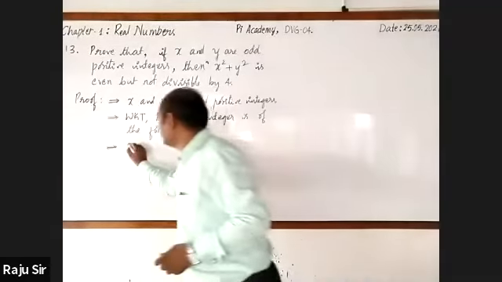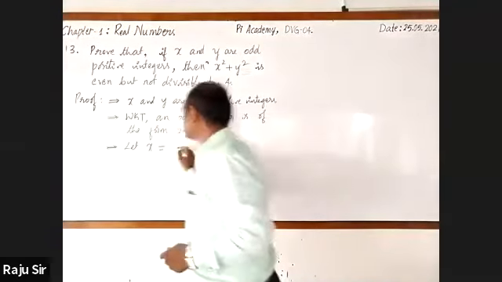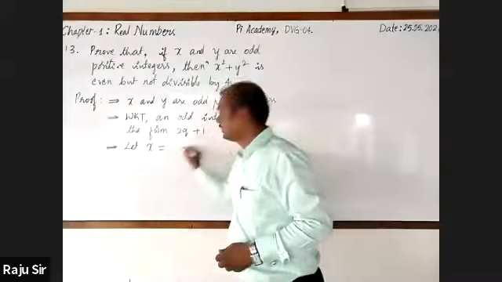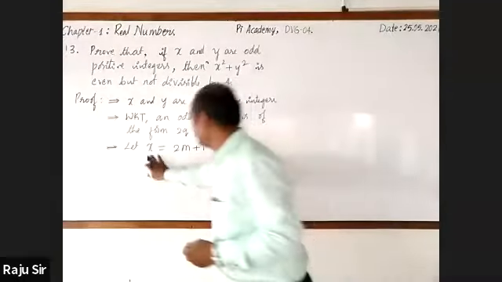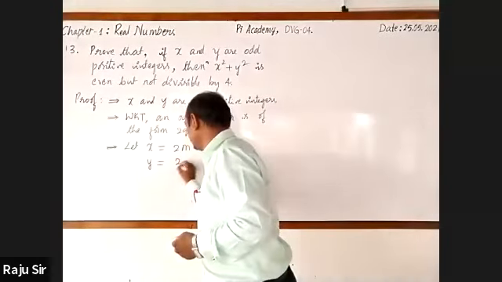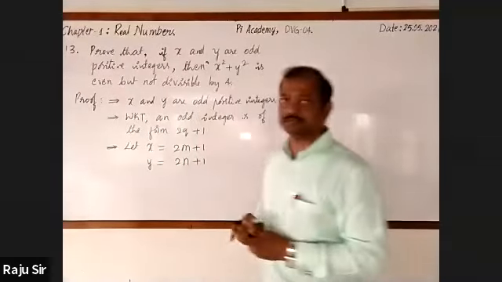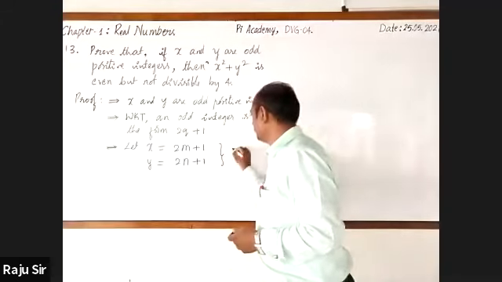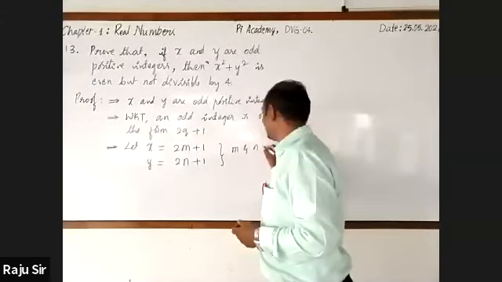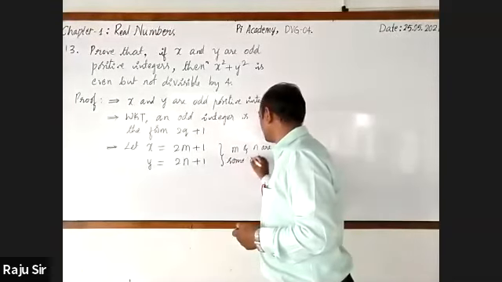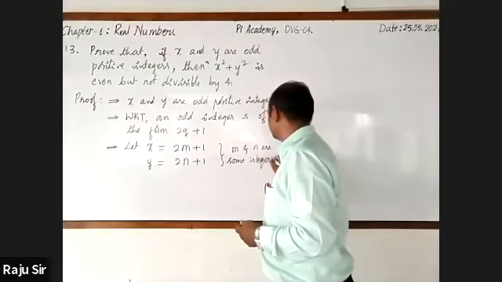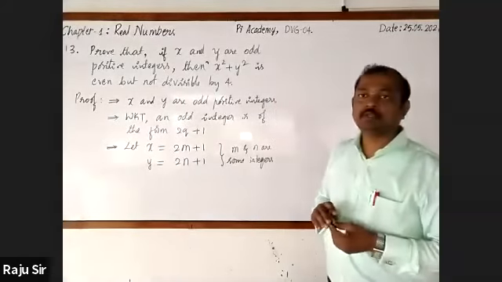Hence, I take x as 2m plus 1 and y as 2n plus 1, where m and n are some integers. Hope you have understood.